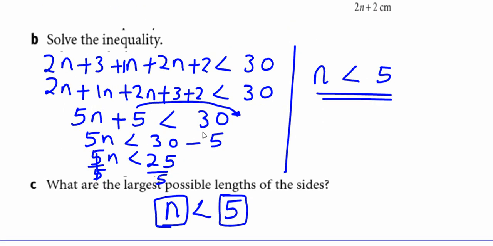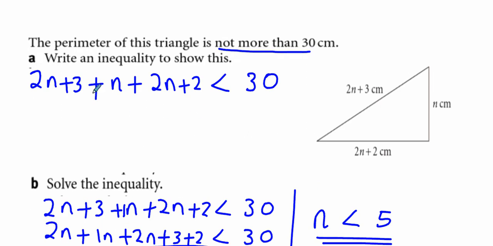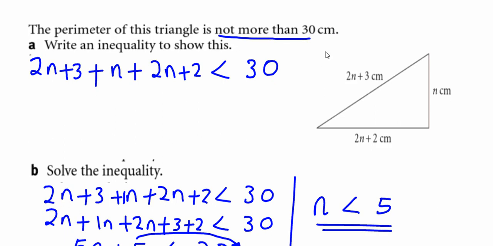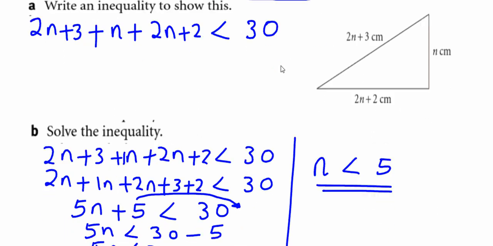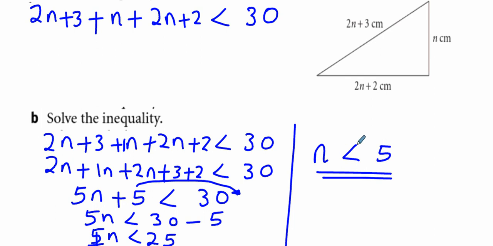If you read this question, the perimeter of this triangle should not be more than 30. So n is any number which is not more than 5.